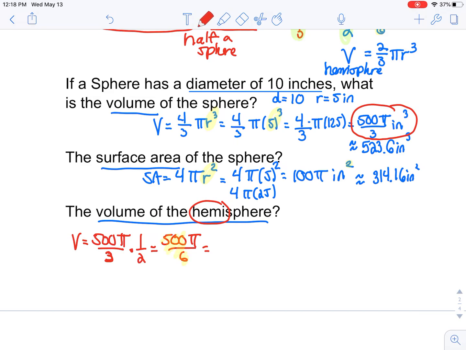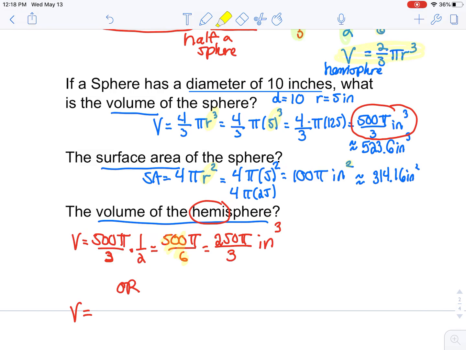Now, we can reduce that. If we divide both of those by 2, we'll get 250 pi over 3. Since 250 divided by 3 doesn't go evenly, I would leave it like this. My units for volume are inches cubed again. So that was option 1.